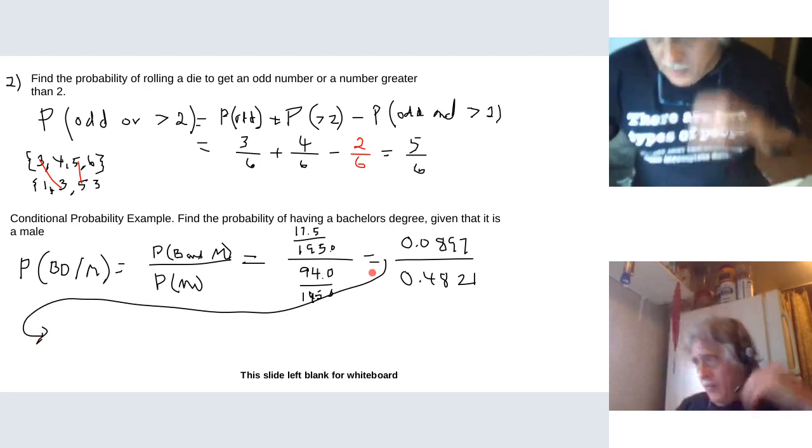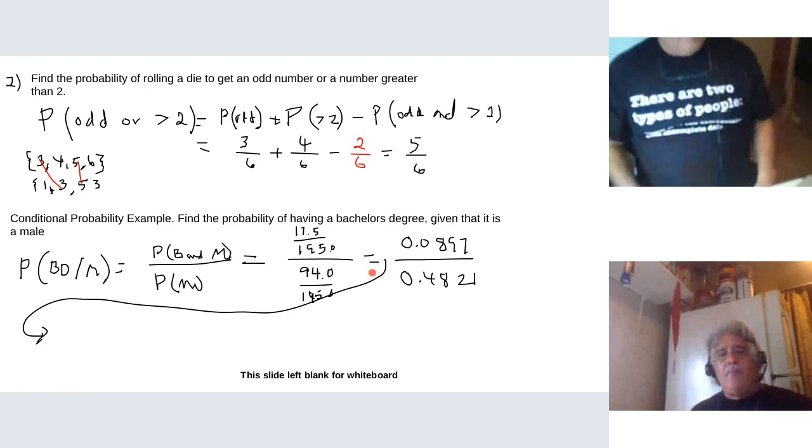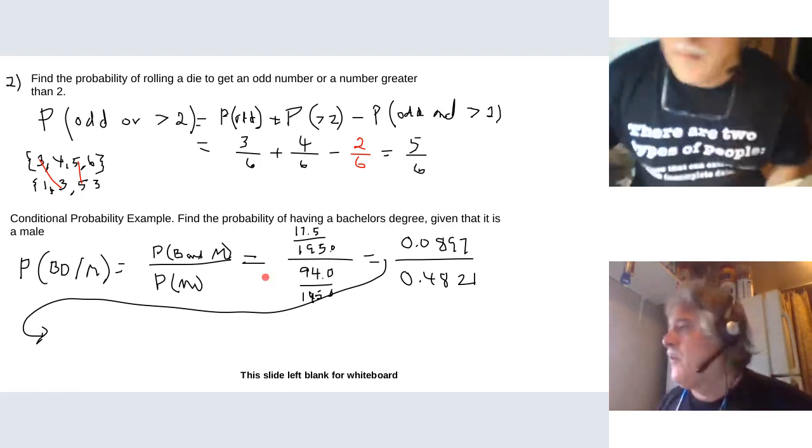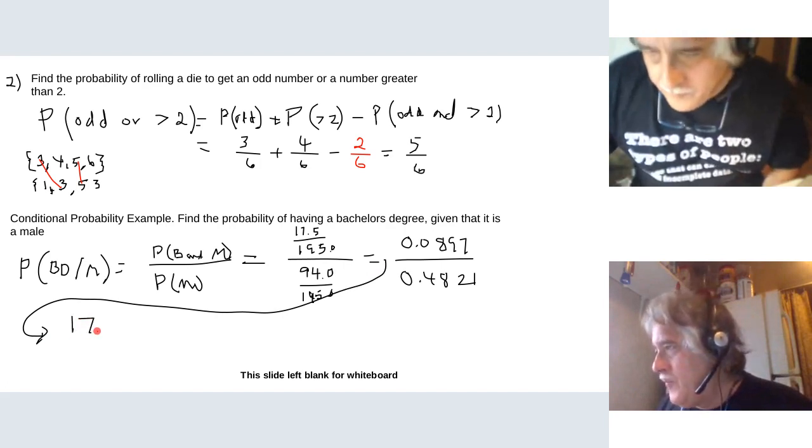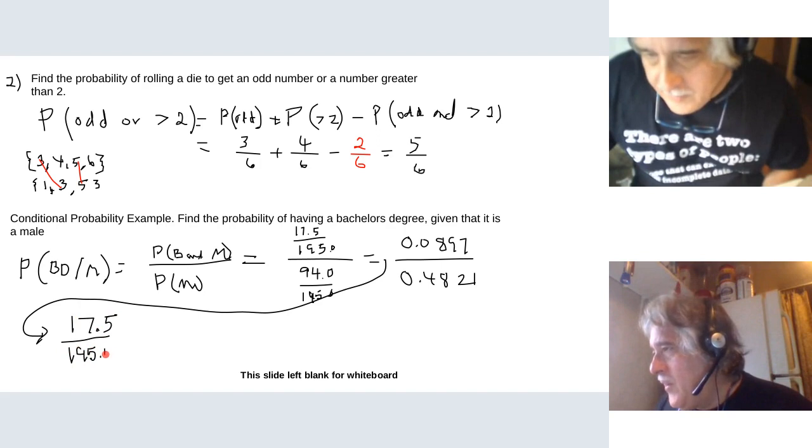You remember when you've got a fraction, that simply means multiply by the reciprocal of the denominator. So the denominator has to be flip-flopped.